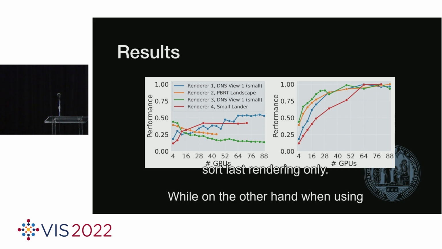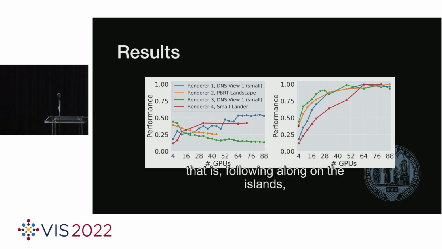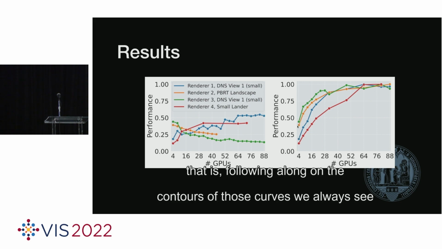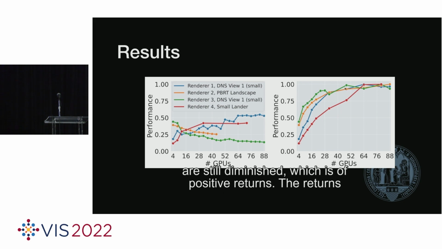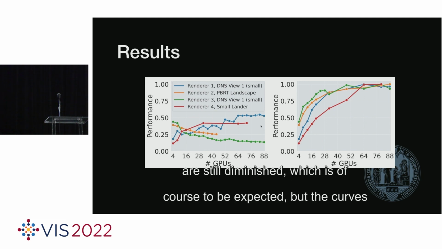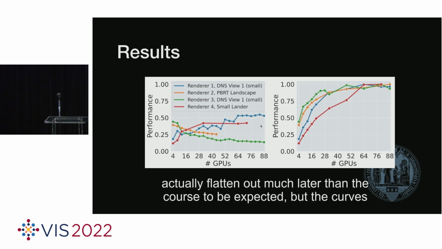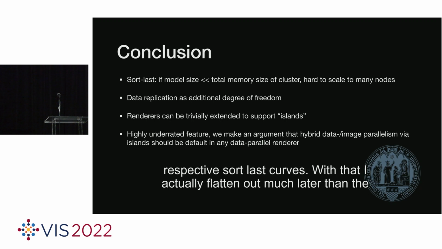On the other hand, when using islands, that is following along on the contours of those curves, we always see positive returns. The returns still diminish, which is of course to be expected, but the curves actually flatten out much later than the respective sort last curves.